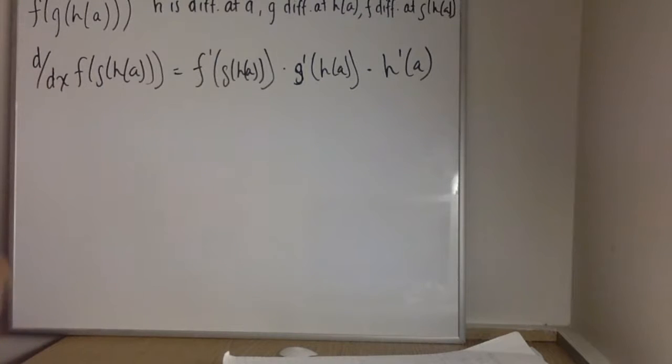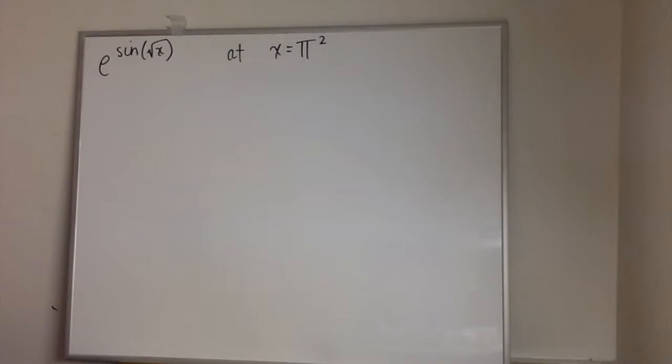And there is the derivative of f of g of h of a. So we have f prime of g of h of a times g prime of h of a times h prime of a.